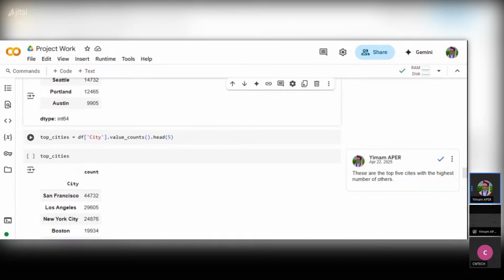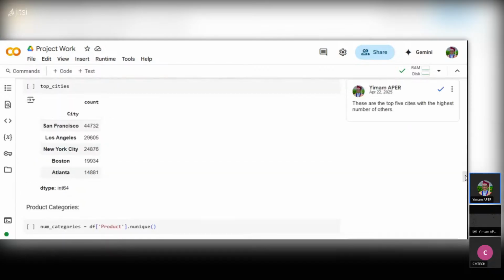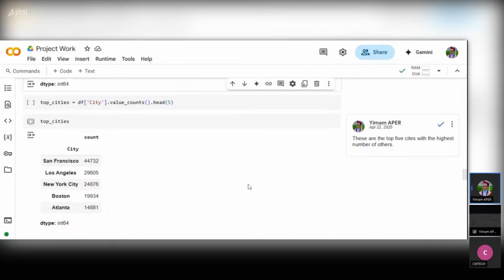If I wanted six, it would have given me six. So I printed top cities, and this was what I had. San Francisco was the highest city, and these were the first five cities.